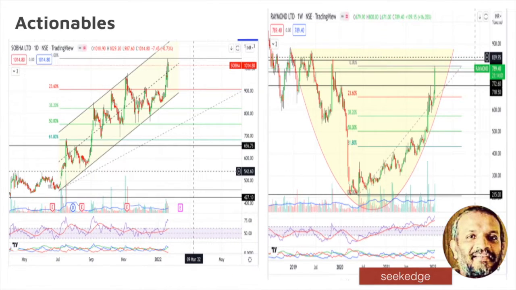Actionables too: nothing in the futures sector, nothing to go long on, and nothing to solidly go bearish on either. It's somewhere in the middle. So I picked up something from non-futures, like Shoba, a realty sector stock. It seems to be in a channel, with good volumes, good trend, and good momentum. Nice price action on the daily within a parallel channel.